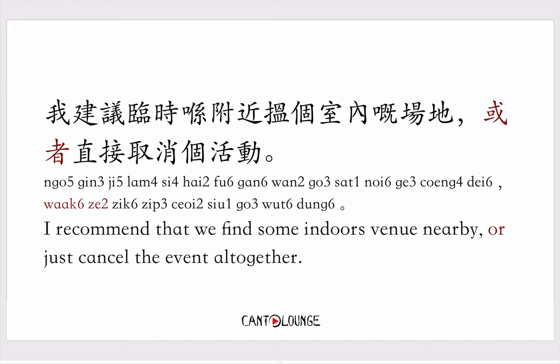And in response to thinking about bookings for the day for hosting a function, you might say something like, 我建議臨時喺附近揾個室內嘅場地，或者直接取消個活動. So in English, 我建議 I recommend 臨時喺 temporarily 喺附近 in the vicinity 揾個室內嘅場地 find an indoor venue 或者 or 直接 directly 取消個活動 cancel the event.